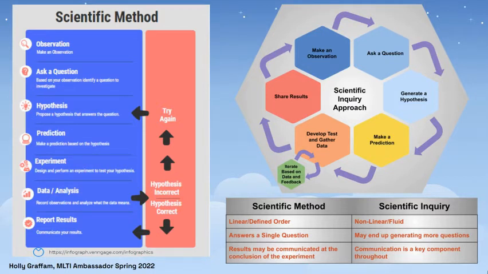While it does have a lot of the same elements of the problem solving process and the other processes that we've been looking at, it's very linear, usually answers a single question, and the results are communicated at the conclusion of the experiment. Sometimes, if your hypothesis is incorrect, you might go back and try that again, but that's not a guarantee.